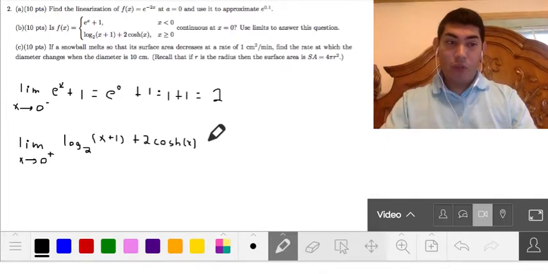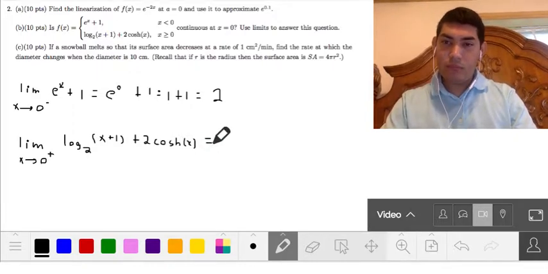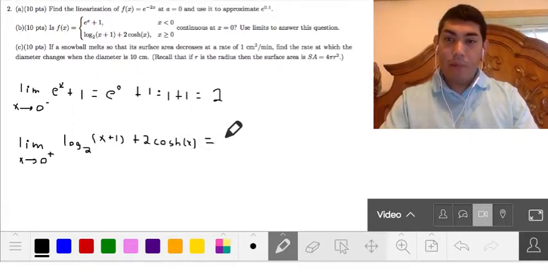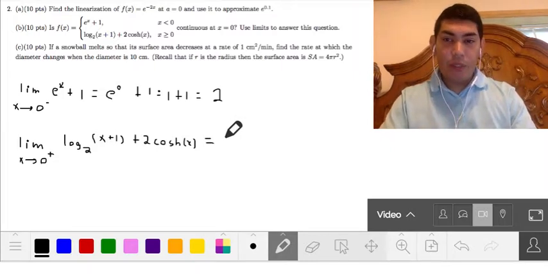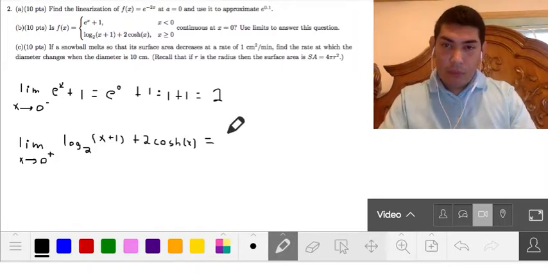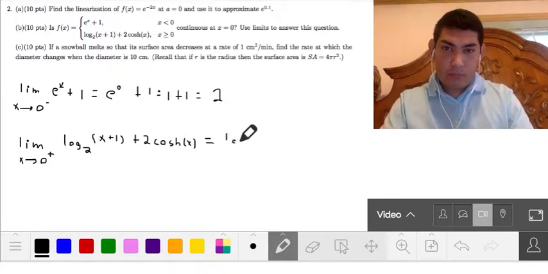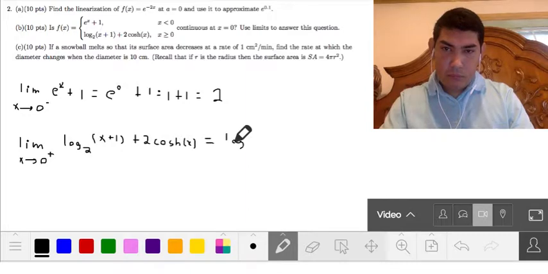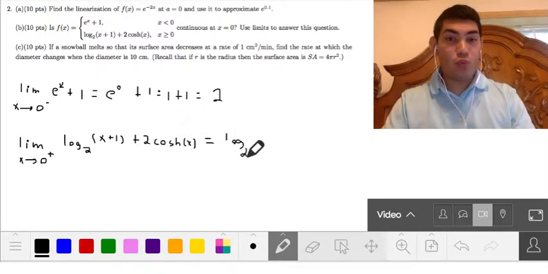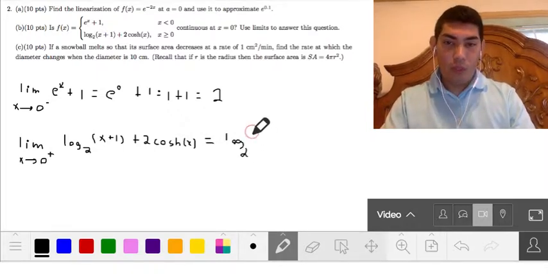Right. So if we look at this function, by inputting x as 0, we're going to see that we obtain the following. We're going to have the logarithm of base 2 still, and 0 plus 1, that would be 1.